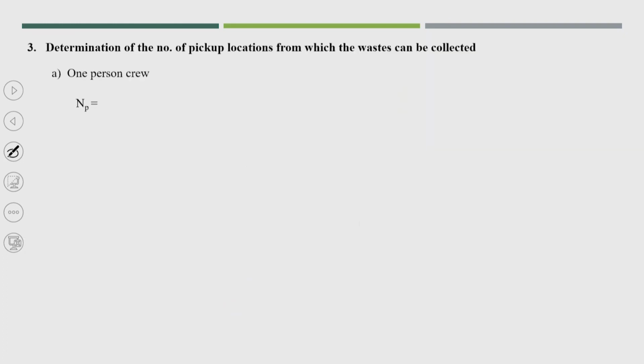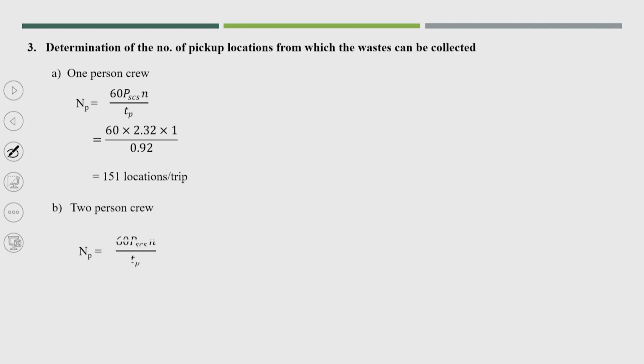In the one person crew, the TP value is 0.92 and N, the number of crew persons, is 1. In that case the value will come to 151 locations per trip, and in the 2 person crew N will be 2 and TP will be for the 2 person crew. In that case it will come to 206 locations per trip.